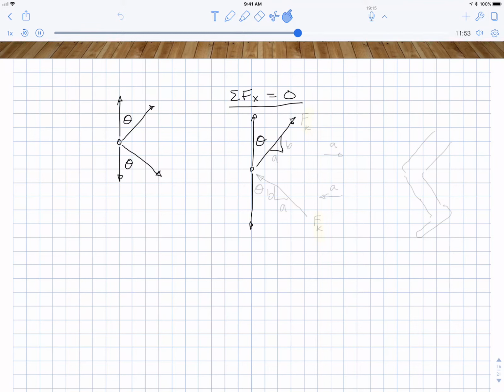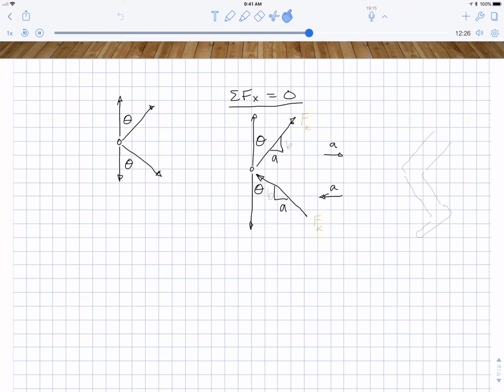Okay, can you see that for the sum of the forces in the x to be 0, this bottom one has to be coming in. And if the angles are the same, this force x component there, A, has to equal this component there, A, because this will have a horizontal component of A going that way, and this one will have a horizontal component of A going this way.